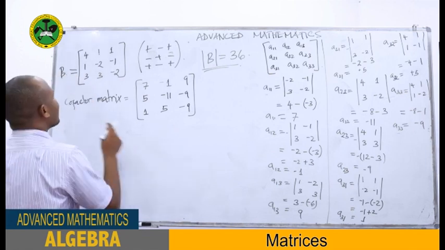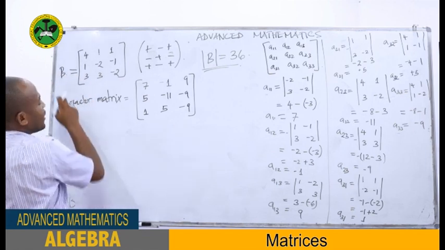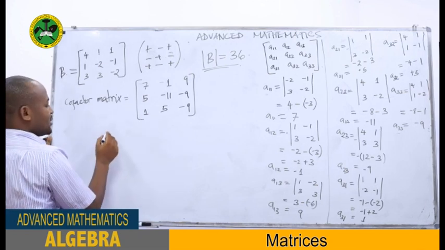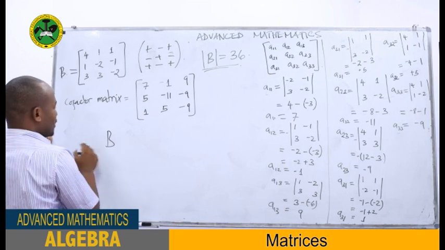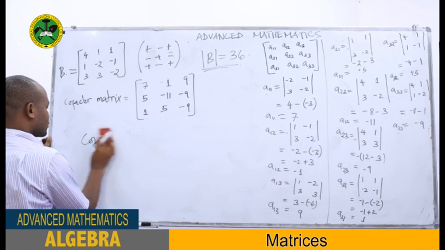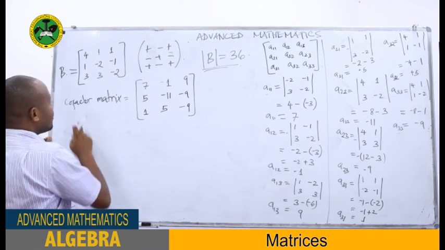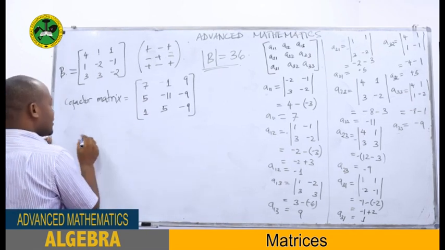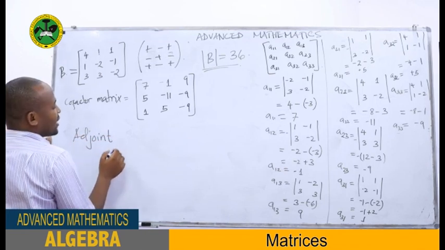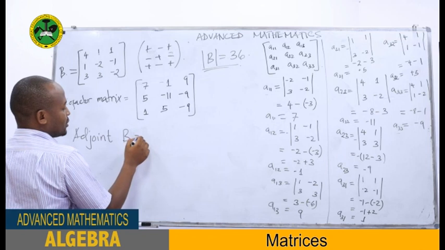Let's find the adjoint matrix of B. If we transpose this cofactor matrix, we shall have the adjoint of matrix B, which equals to what?